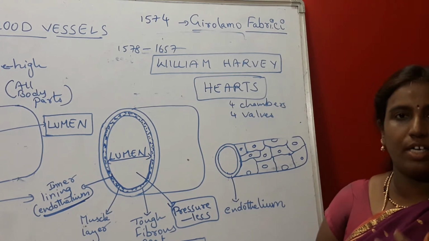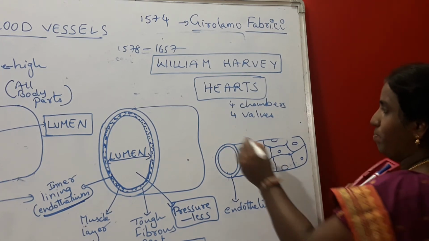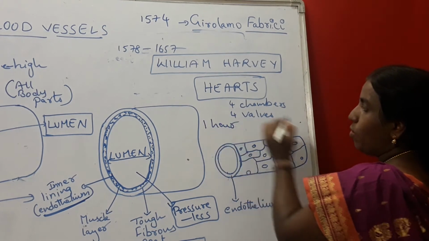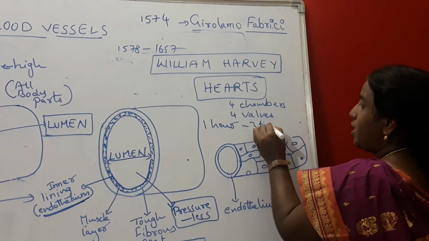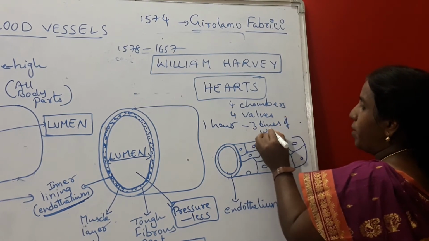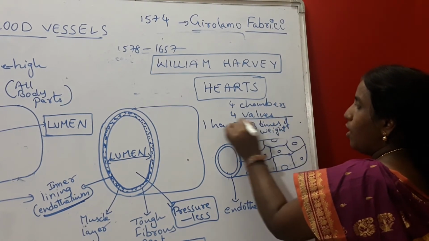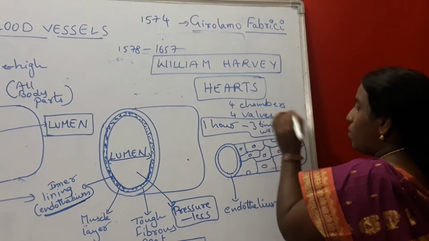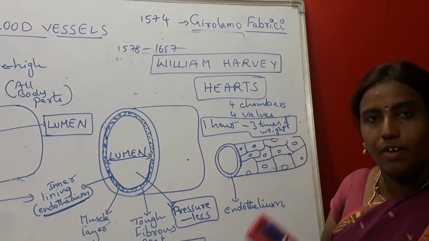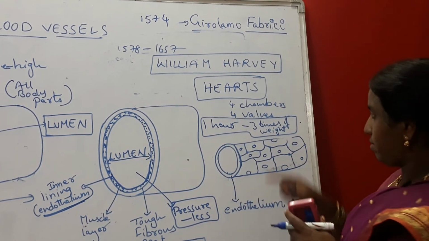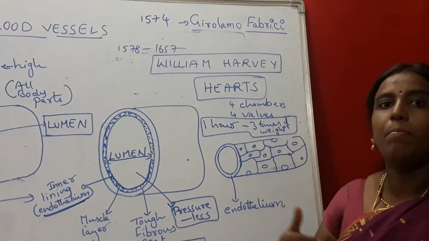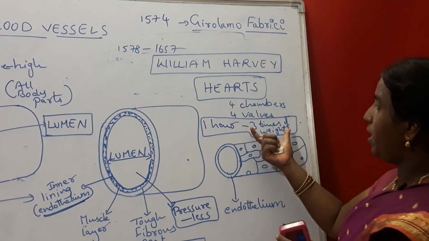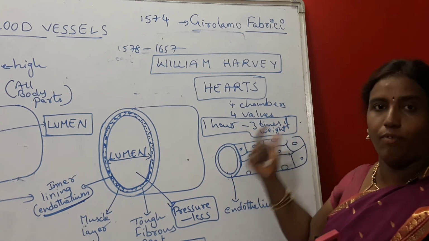He tried to understand for 1 hour. The quantity of blood which comes out of the heart in 1 hour is around 3 times the weight of the person. It means a large quantity of blood.